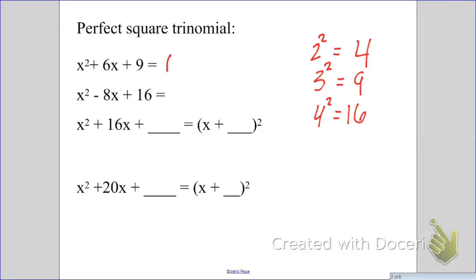The binomial that you square to make x squared plus 6x plus 9 is x plus 3. If you square this, this is what you get. Here's why.